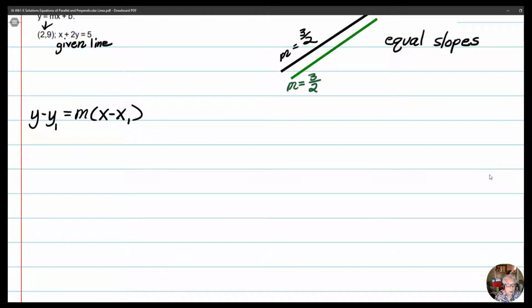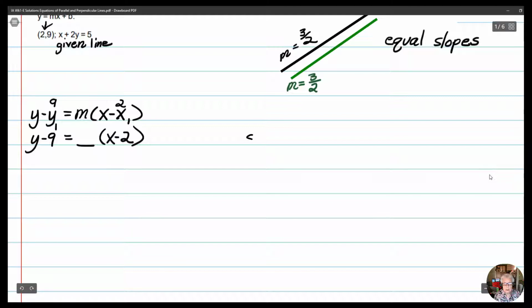And since our line goes through that point, the x will be 2 and the y will be 9. So that we'll have y minus 9 equals, we don't know yet, times x minus 2. All we have to do is find the slope of this line.